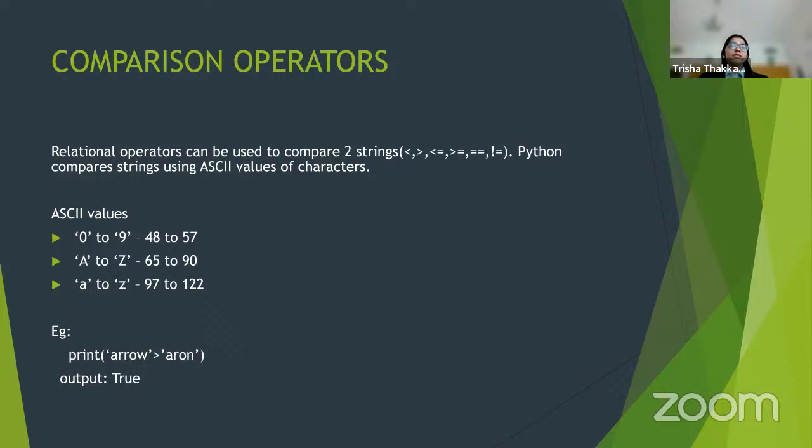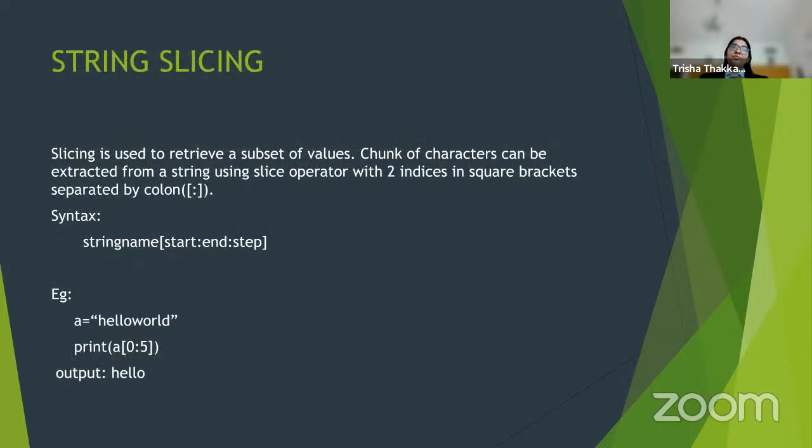The second letter of both the strings is also similar, which is R. The third letter is R in arrow and O in Aaron. Over here, the ASCII value of R is greater than O, and so the output is true.